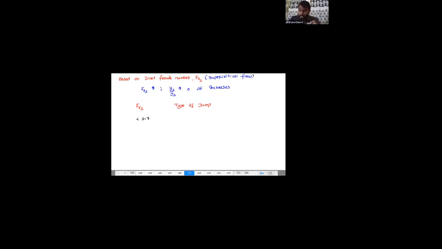When Fr1 is between 1 and 1.7, that type of jump we call an undular jump. And if the Froude number lies between 1.7 and 2.5, we call it a weak jump.